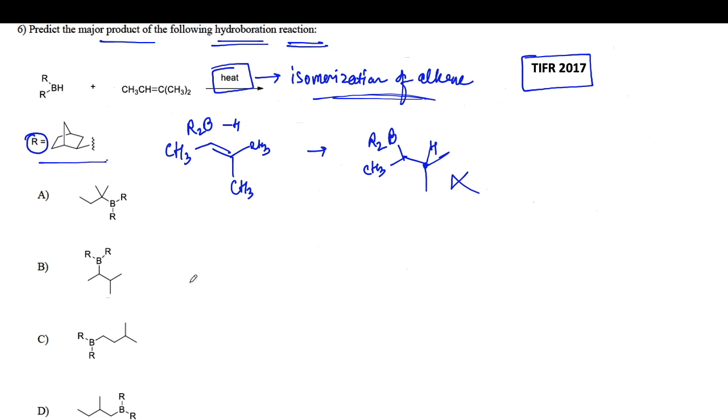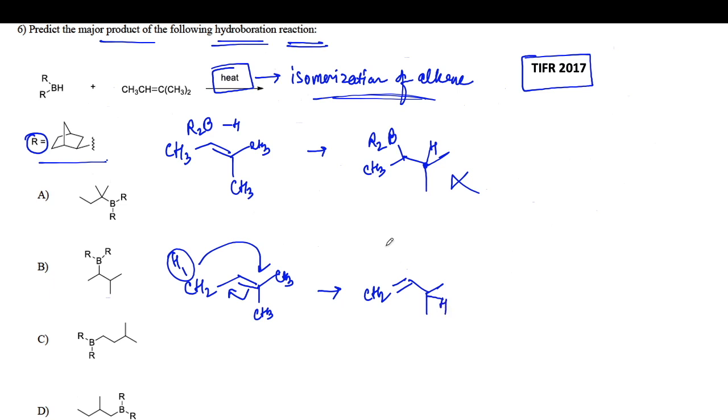Rather, what will happen in the presence of heat, when the molecule comes in contact, there could be a hydrogen transfer to give you alkene isomerization, right? And here the molecule could add.